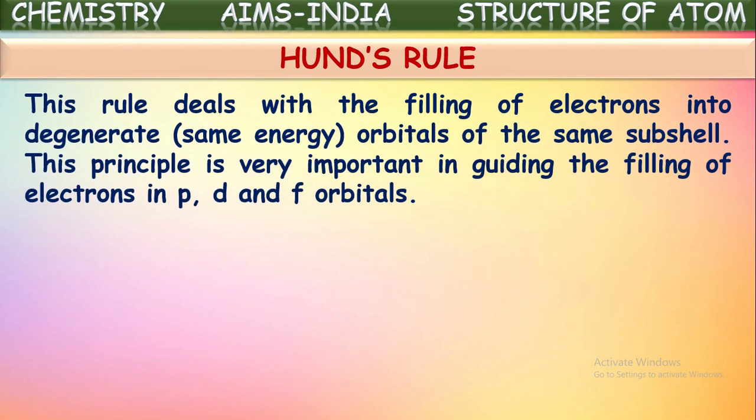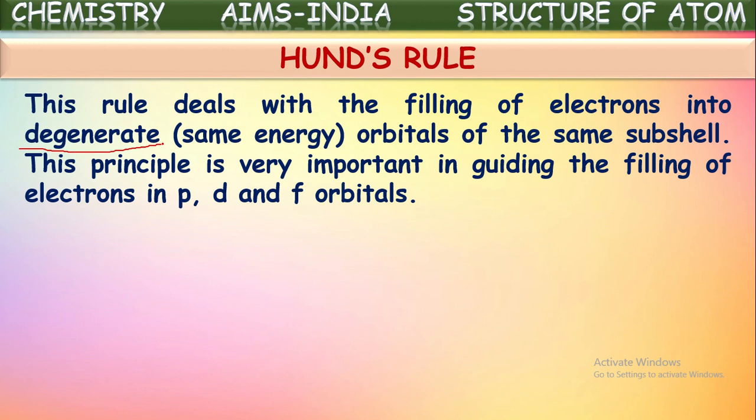This rule deals with the filling of electrons into degenerate orbitals of the same subshell. What are degenerate orbitals? The orbitals present in a subshell are generally called degenerate orbitals. Simply put, orbitals with the same energy are called degenerate orbitals.